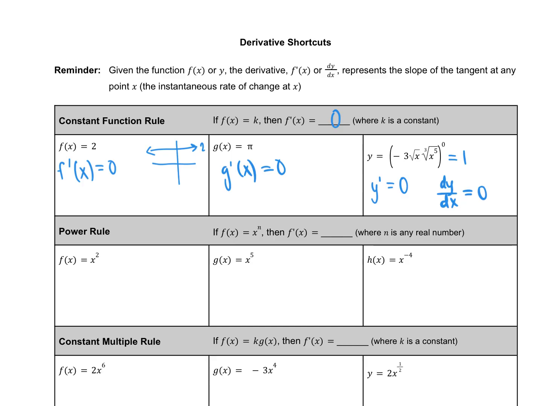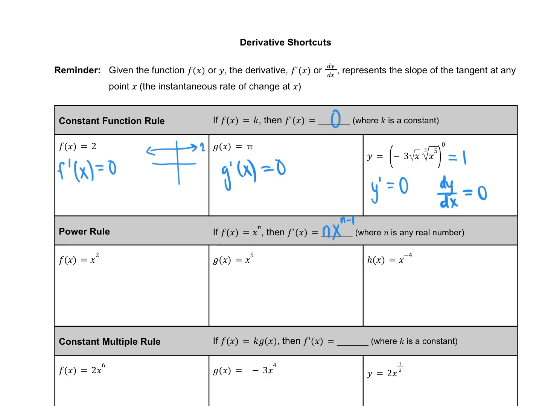Next, we have the power rule, and that's if I have x to the power of any real number, so x to the power of n, then the derivative is: bring the exponent down, write your variable, and then it's going to be to the power of 1 less than the original exponent.